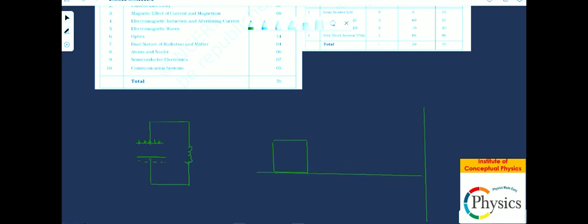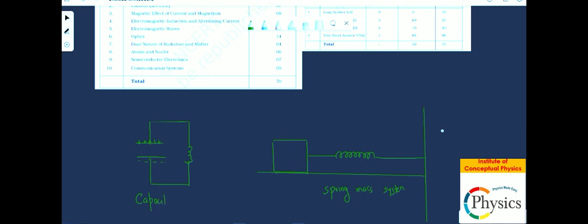It's a frictionless floor and it is connected to a spring. So this is a spring mass system, right? Now I told you that the capacitor is fully charged.